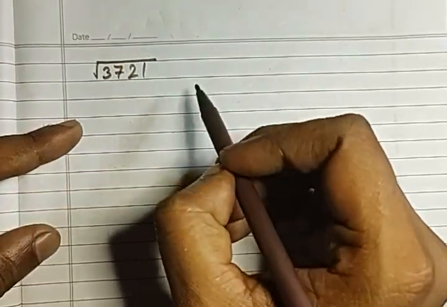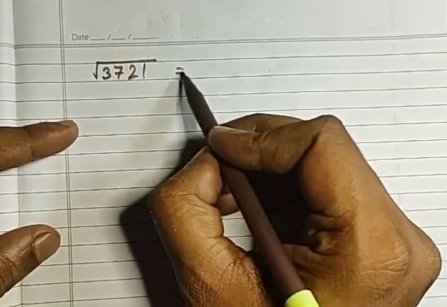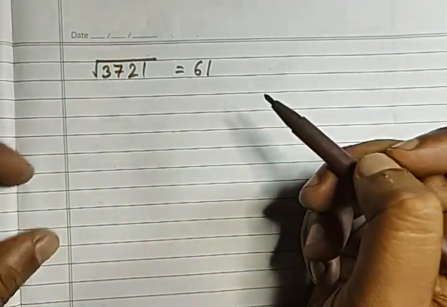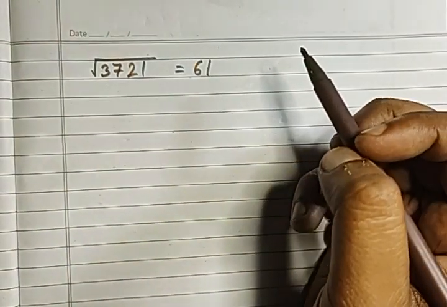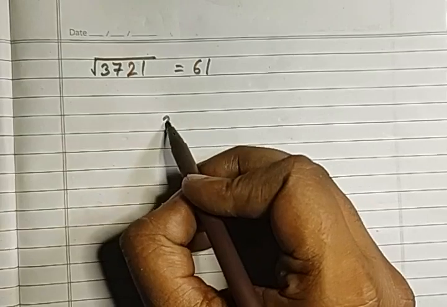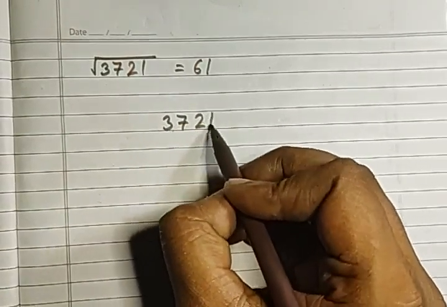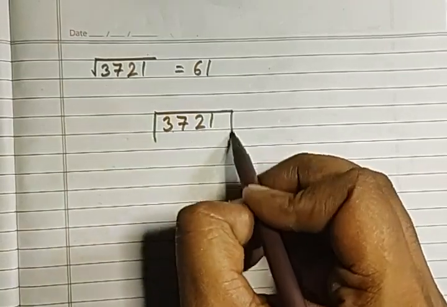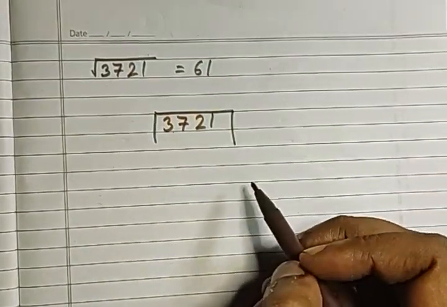So suppose we have a number 3721, and we have to check whether 61 is coming or not. So division method we will do like this: 3721. We will write like this, and then we will put a division bar like this.